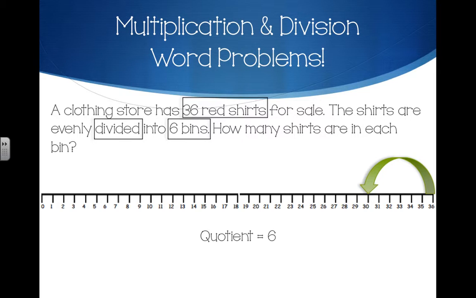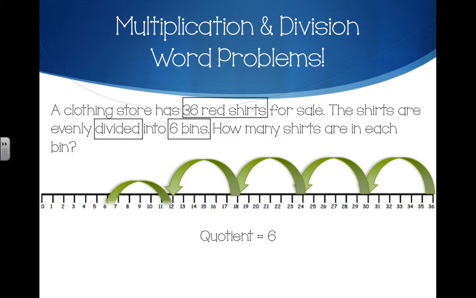36 minus 6 is 30. Minus 6 more is 24. 18. 12. 6. And 0. If you look and see, we subtracted 6 each time, and we did it a total of 1, 2, 3, 4, 5, 6 times.